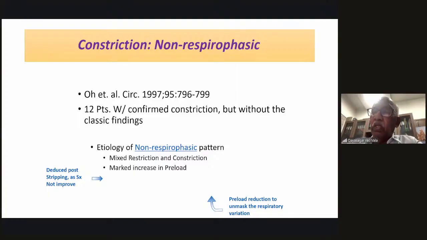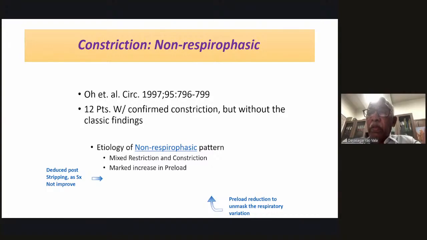The etiology of this non-respirophasic pattern is either a case of mixed restriction plus constriction, or there is a marked increase in the preload. That means the venous pressure is so high that the respiratory changes cannot be inscribed.